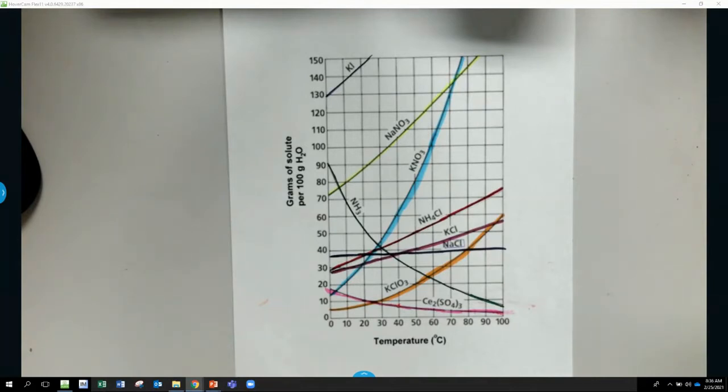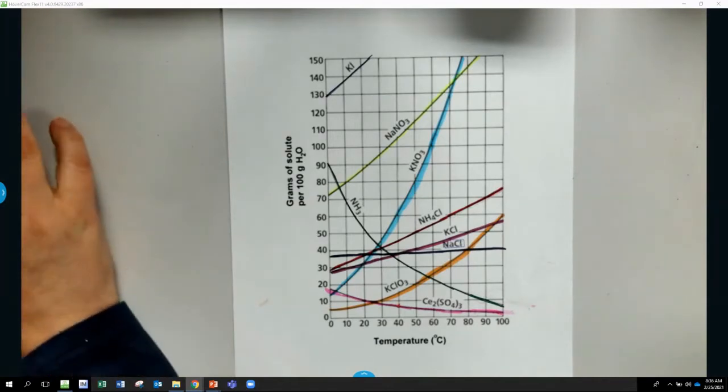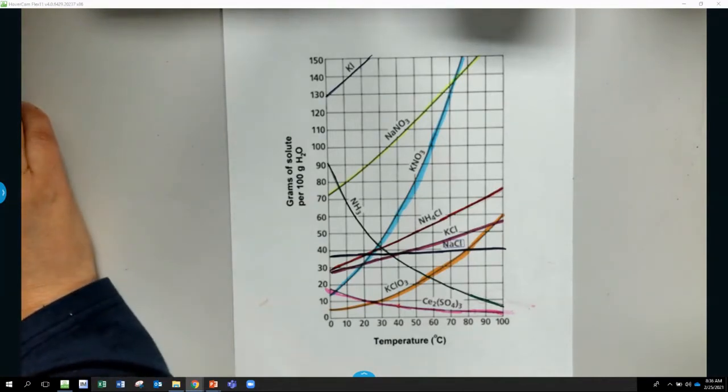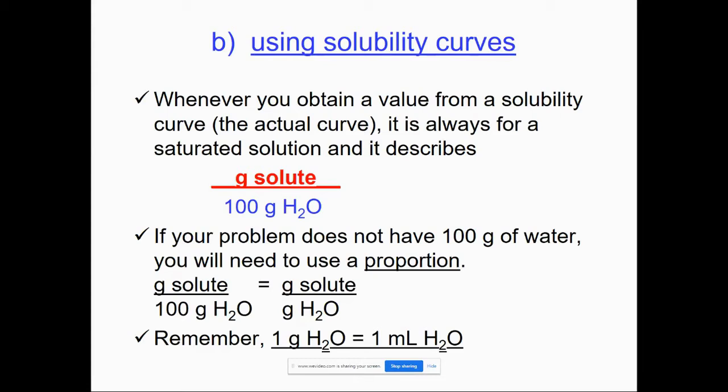Highlight them each in a different color because it'll make reading it a lot easier. Especially when you get down here, you get this big spaghetti full of lines. It'll make it easier to distinguish them. So please do so. So how do we use solubility curves?